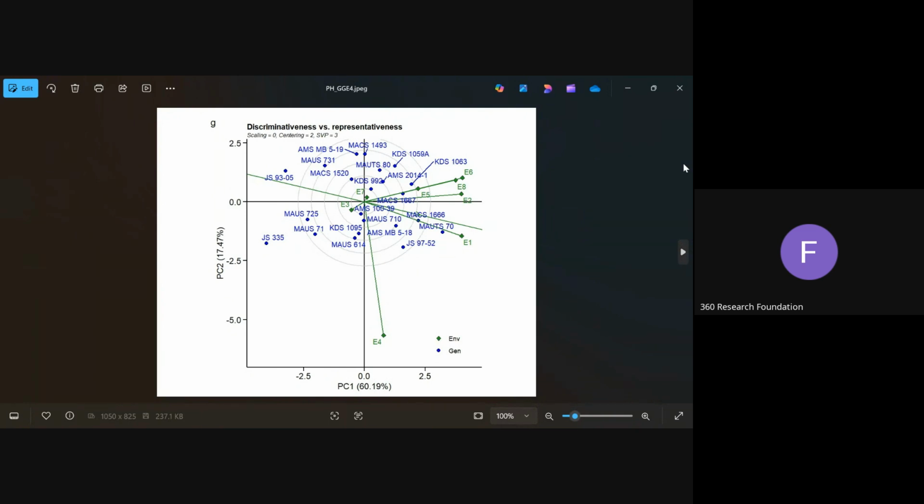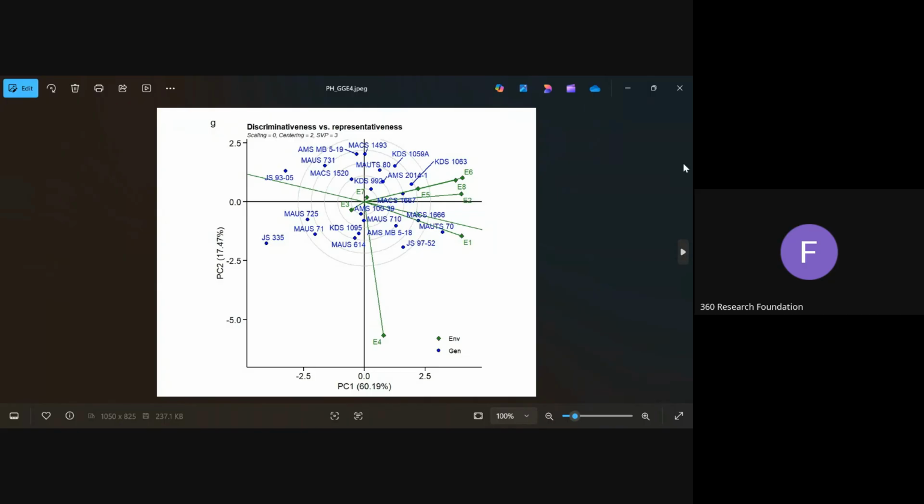Like I told in the earlier interpretation, some genotypes have more variation, and in some environments you will find more variation in your genotypes. That environment is suitable for evaluation of germplasm sets or other breeding materials. So discriminativeness versus representativeness indicates the usefulness of environments for genotype evaluation.